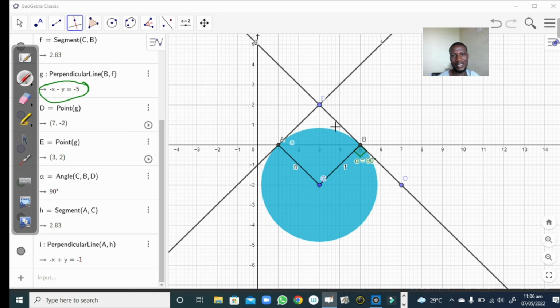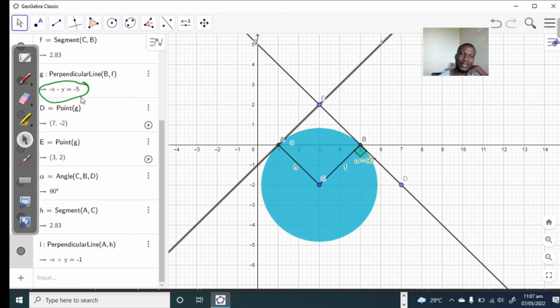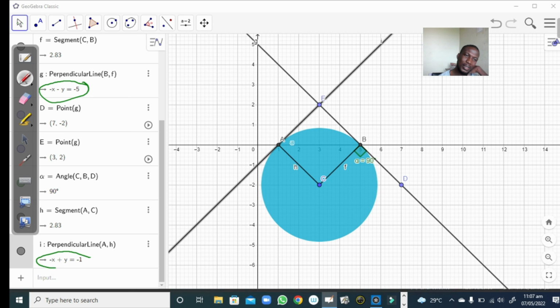And this one, this is its equation: negative x plus y equal to negative 1. If I change it back to one side, or if I divide through by negative 1, I'm going to get x minus y minus 1 equal to 0.